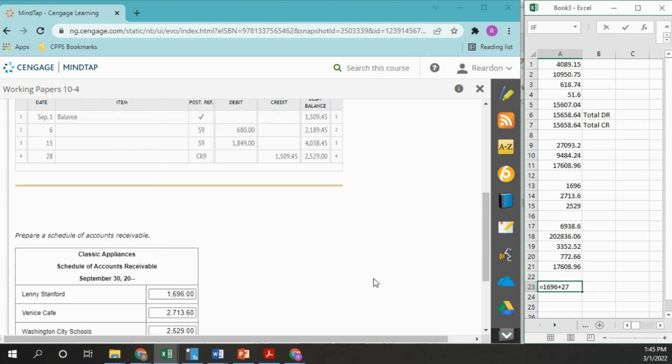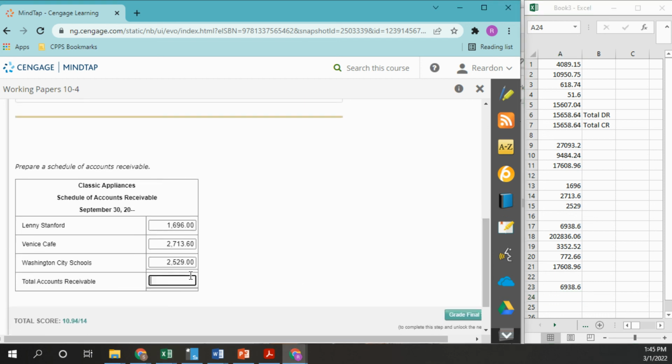I'm going to show you something here really quick. 6938.6. How do we know that's right? And that's our subsidiary ledger, our accounts receivable subledger, 6938.6. How do you know that number is right? Well, as you can probably guess, with every subsidiary ledger there's a controlling account, accounts receivable.